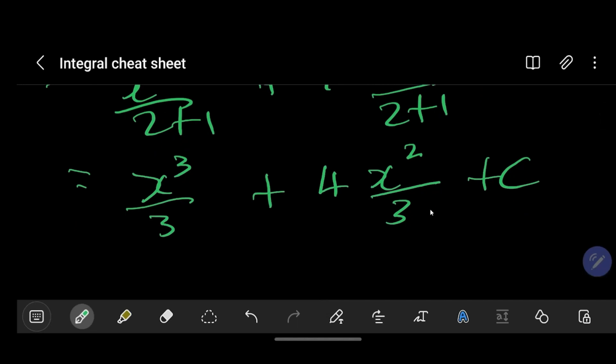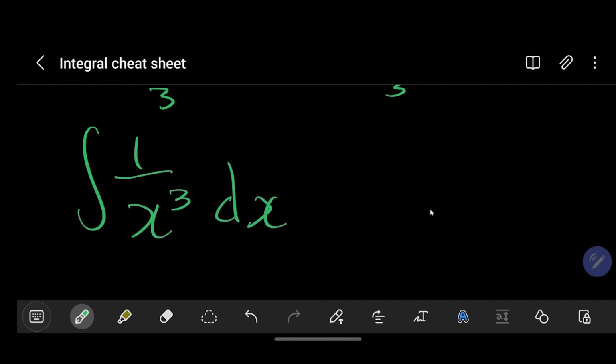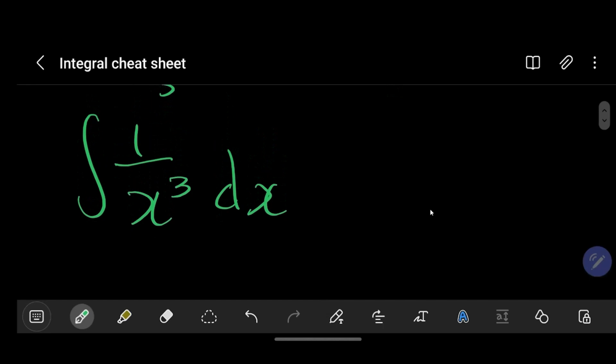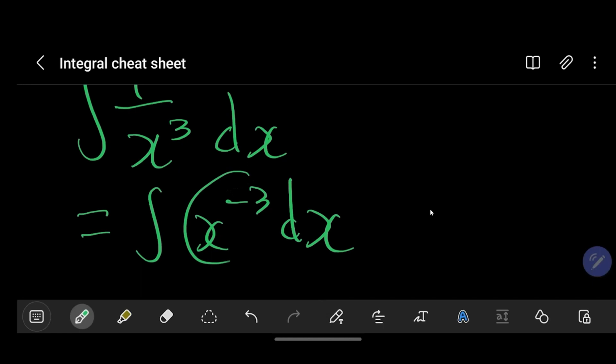Let's look at another one, right? So let's look at an example where we have the integral of 1 over x cubed dx. We can rewrite this the same way we did when we had square and cube root, as the integral of x to the minus 3 dx, right? This is the same as that.